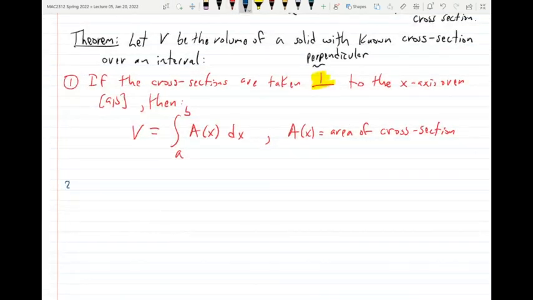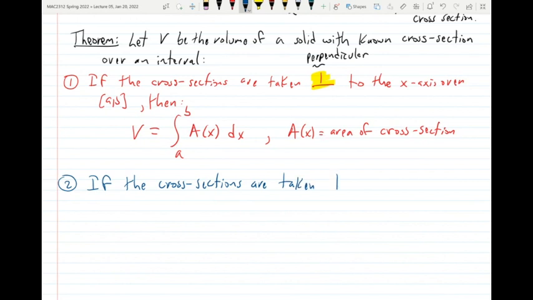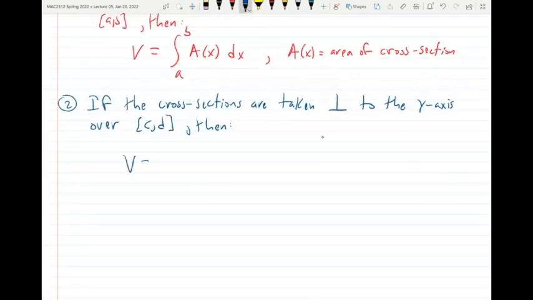And similarly, if the cross-sections are taken perpendicular to the y-axis over some interval, let's call it [c, d], then the volume can be calculated by doing the integral from c to d of A of y dy.